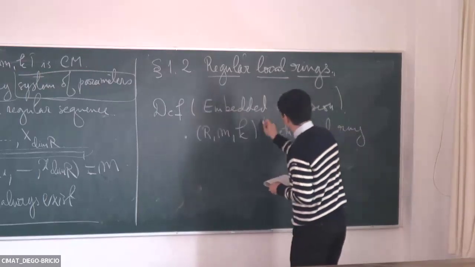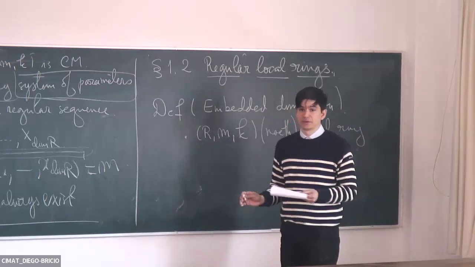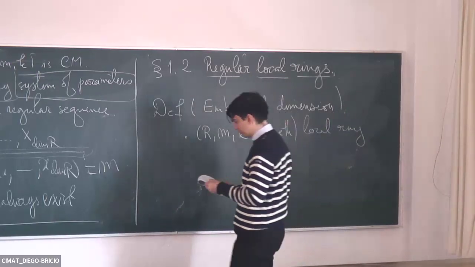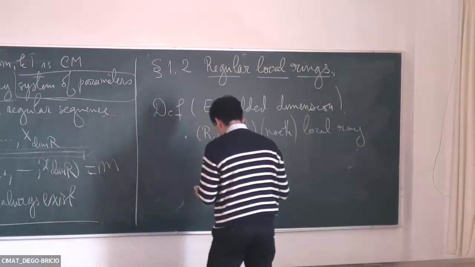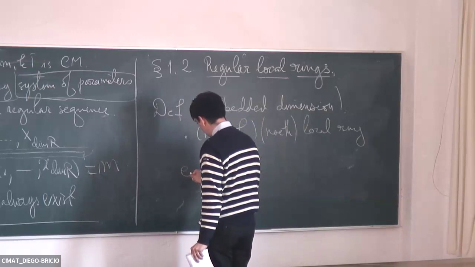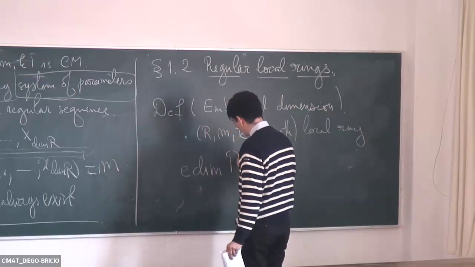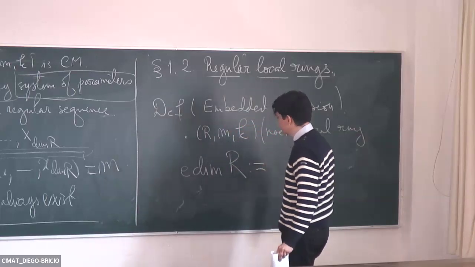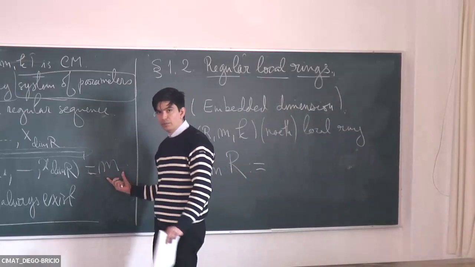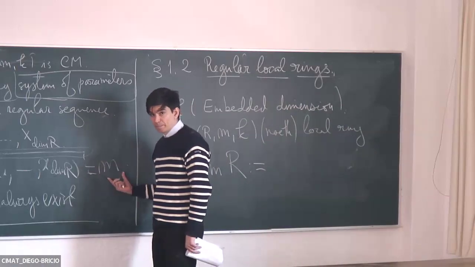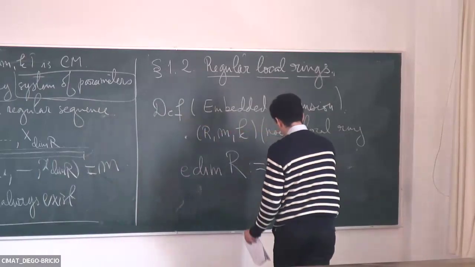I'm going to put parentheses here because we're going to follow the convention that all local rings are Noetherian, just as a reminder. This is going to be the minimal number of generators of m. And by Nakayama's lemma, there is a very precise way to compute that.